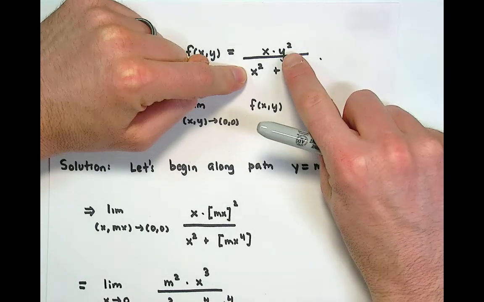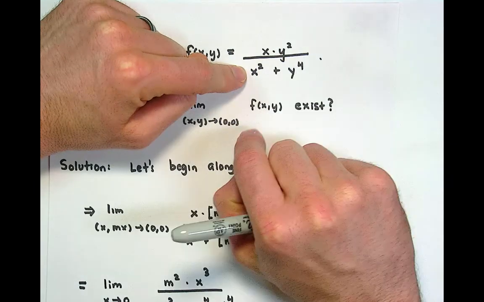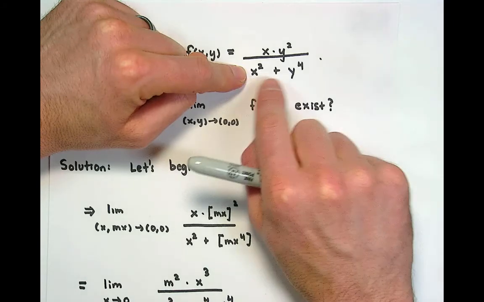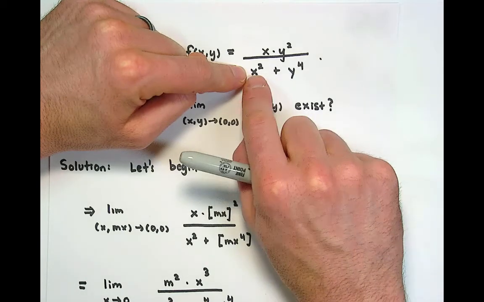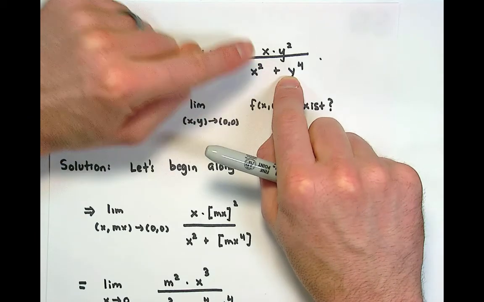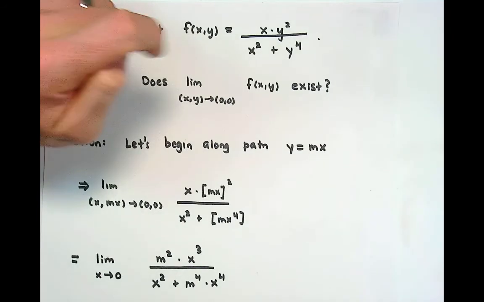If I tried to substitute y equals x squared, I would get something like x to the fifth on top, and then something that doesn't look very beautiful on the bottom whatsoever, right? I'd have x squared plus x to the eighth. And I suppose I could pull out an x squared, but I would just get the same limit back that I got before.